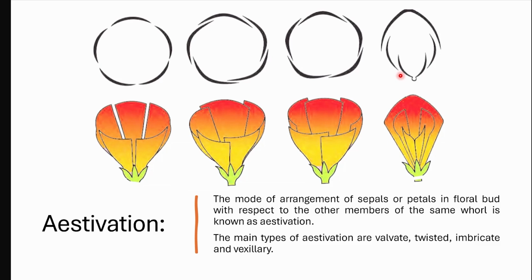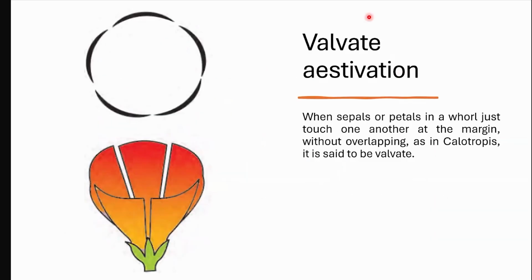So first, let us go through valvate aestivation. On the left side, in all of these, you will see a diagrammatic representation of sepals and petals, a kind of line drawing which basically represents how the petals are arranged.